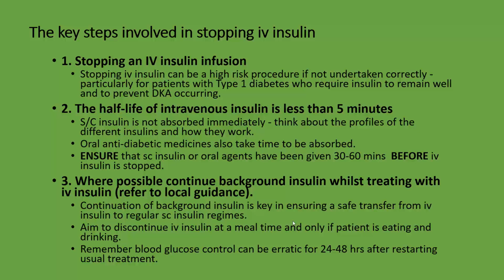So give the NovaRapid about 30 minutes before you stop your IV infusion, because the NovaRapid to kickstart is going to take time. So before stopping your IV infusion, start your normal insulin and then stop it. Take about 30 to 60 minutes.